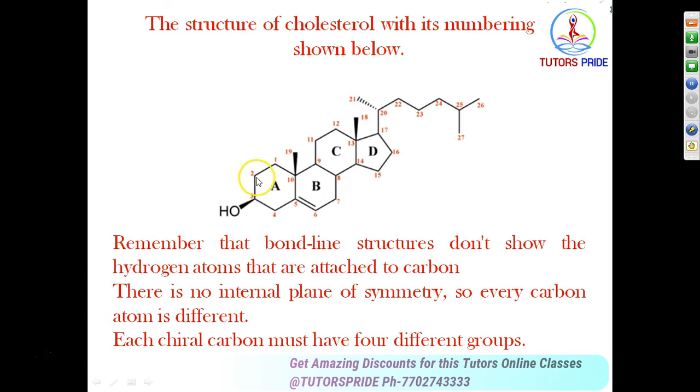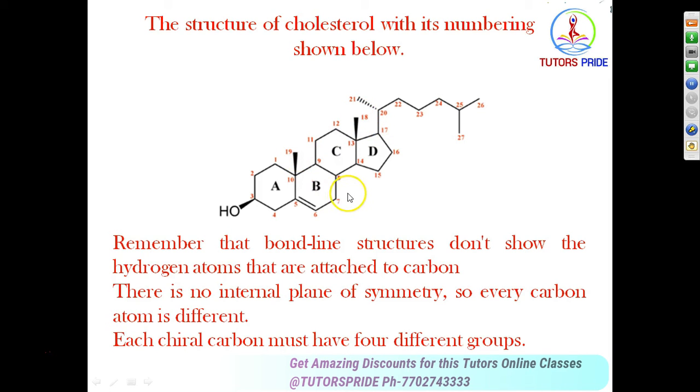Here I have shown, starting from here, the 4 rings, A, B, C, D. This is the 5 carbon atom ring. As you can see the numbering 1 2 3 4 5 6 7 8 9, here 10, then here 11 12 13 14, 15 16 17, then this is 18, this is 19.